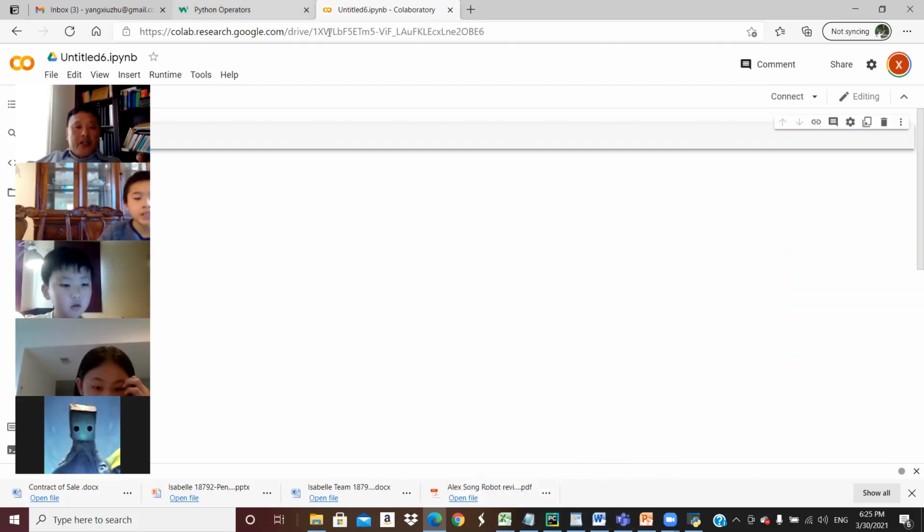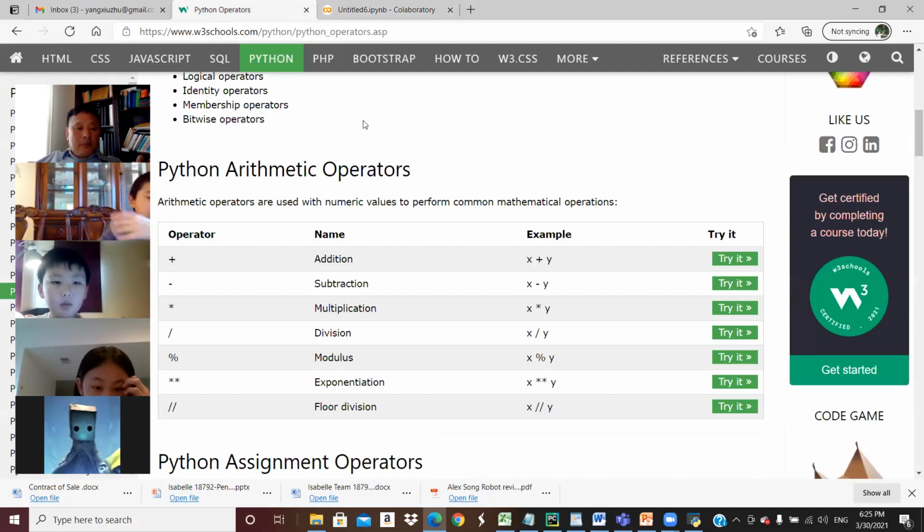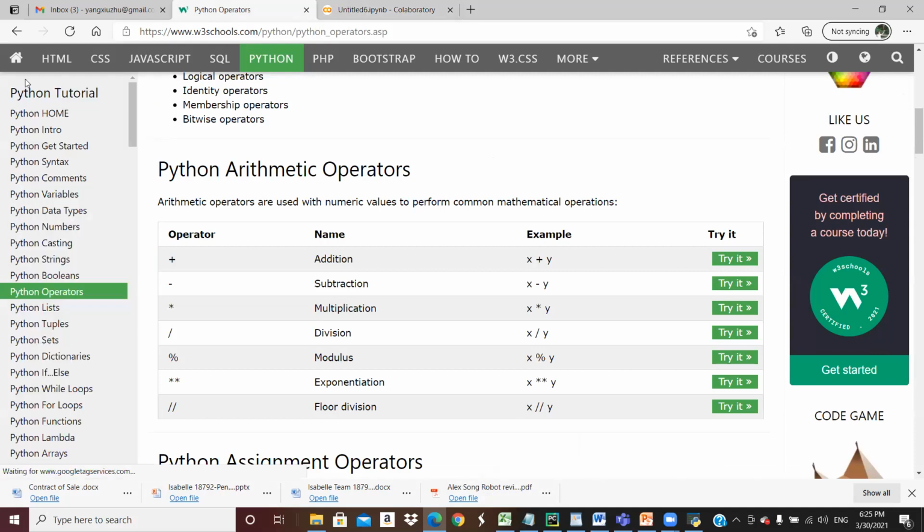So for the modulus, okay, this is the modulus. You use this operator. You can do modulus here. So how do you do modulus now?